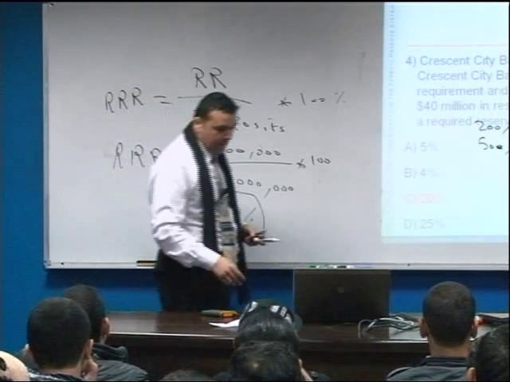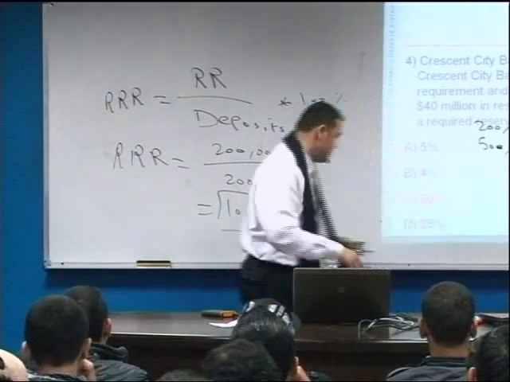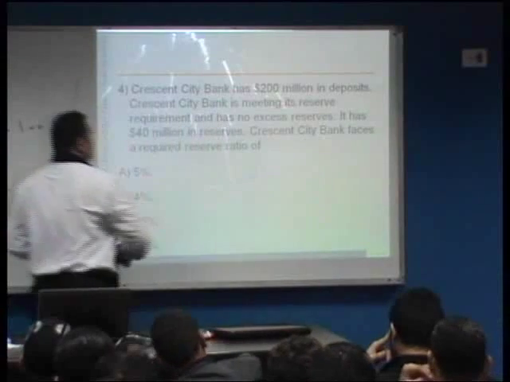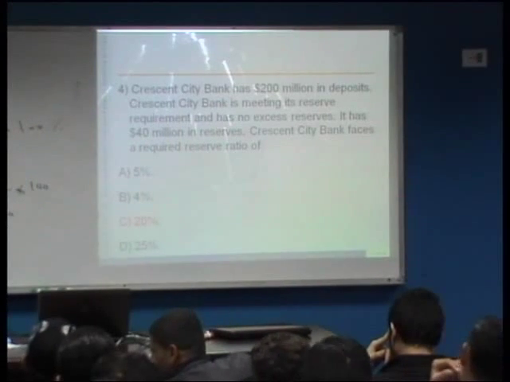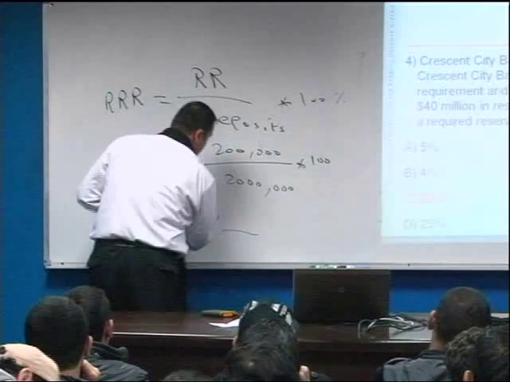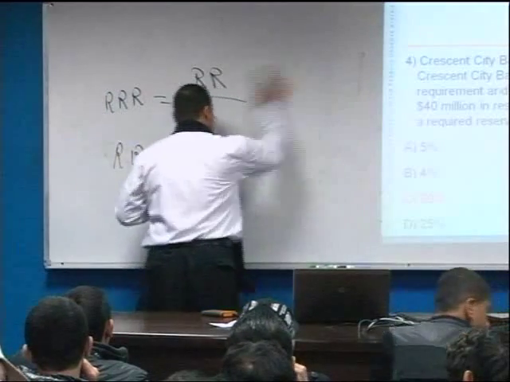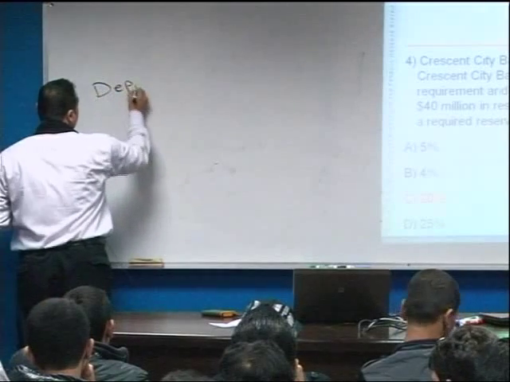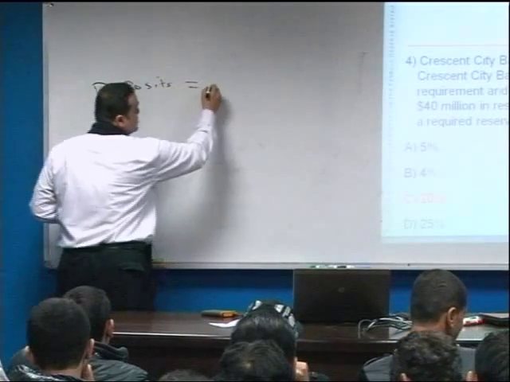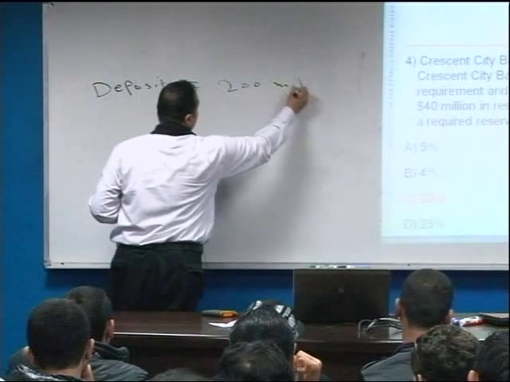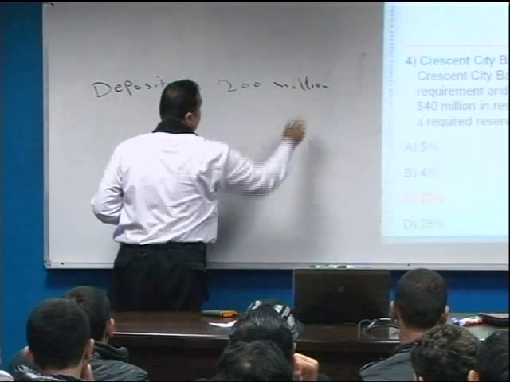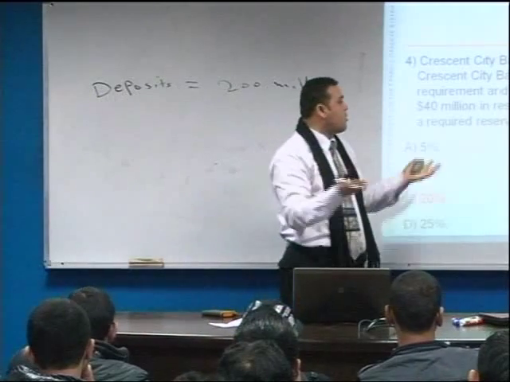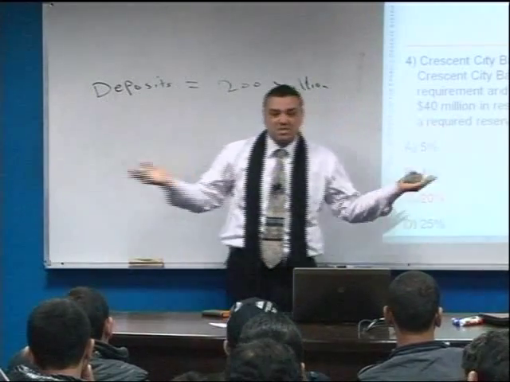Here is another question. Crescent City Bank has 2 million in deposits. So the deposits equal how much? 200 million. Crescent City Bank is meeting its reserve requirement and has no excess reserves.